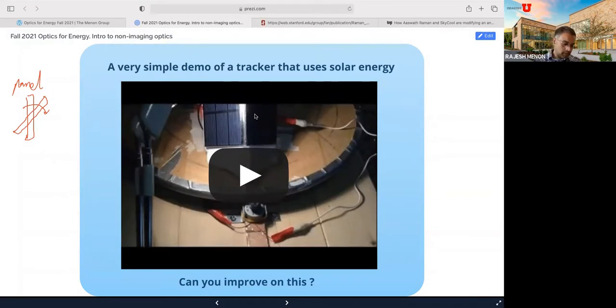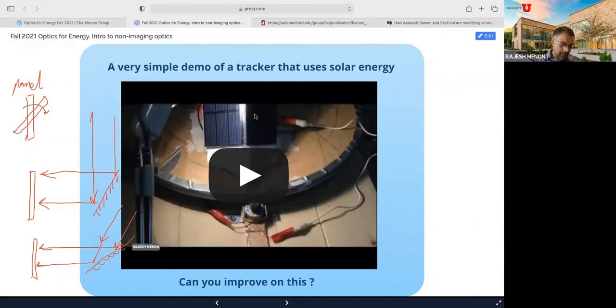So we can keep the solar panel the same, but use, let's say, a mirror. I'm going to just draw this roughly for now. As the light comes in, I'm going to have it perfect like this. But if the light's coming at a different angle like that, I can tilt the mirror such that I can maintain this angle.